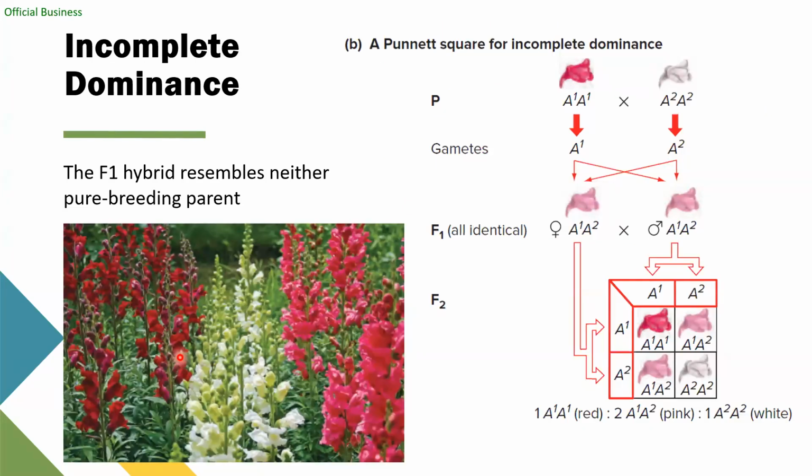If we relate incomplete dominance to biochemical terms, since it really relates back to biochemistry, in these colored plants you might have an enzyme that generates the red pigment, and the other allele produces no pigment at all.